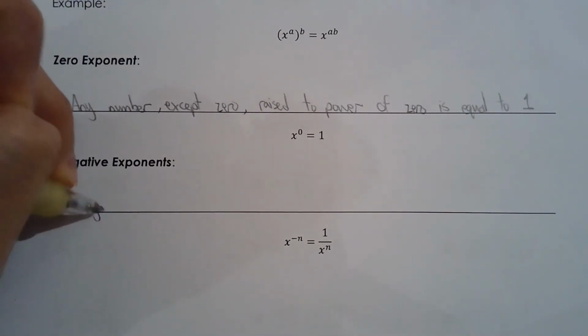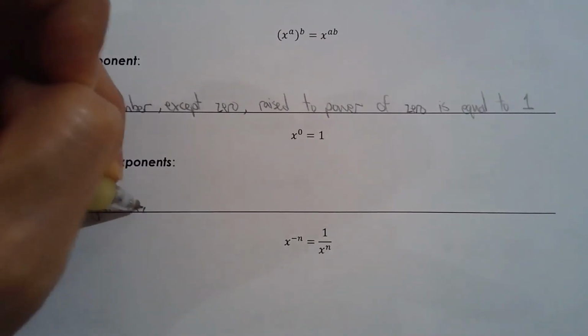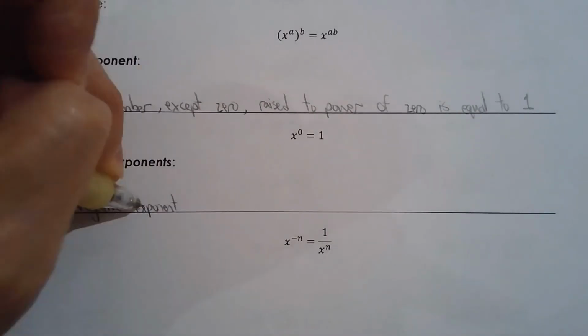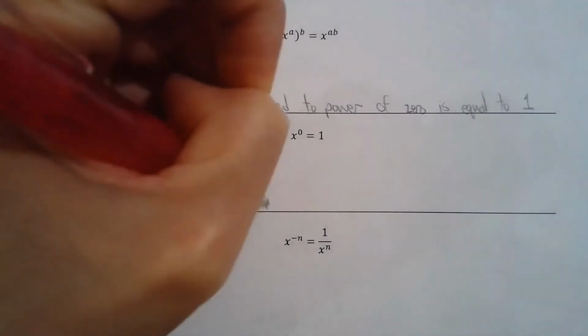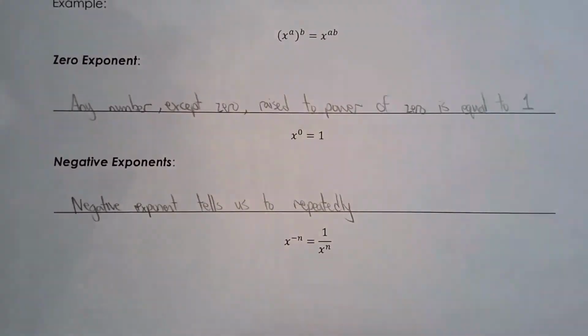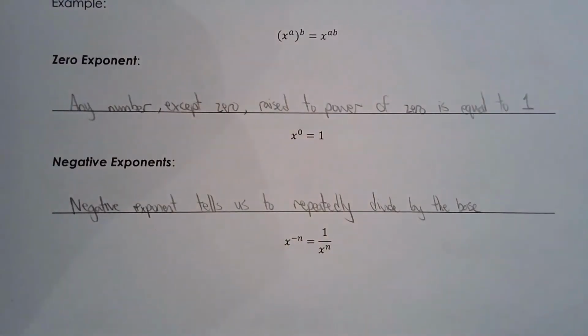A negative exponent tells us that instead of repeatedly multiplying, we're going to repeatedly divide by the base. That may not be intuitive in the beginning because a lot of students, when they see a negative exponent, think the result is negative, but that's far from the case.